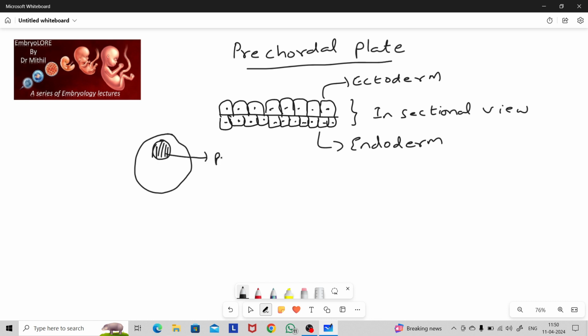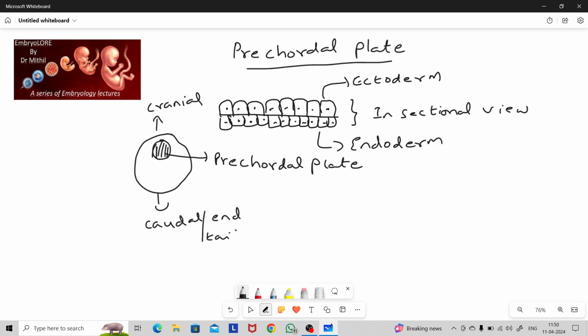The area where the precaudal plate is formed is called the cranial end of the embryo, and the opposite will be the caudal, or the tail end, of the embryo.